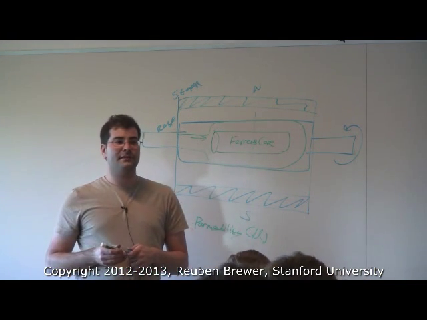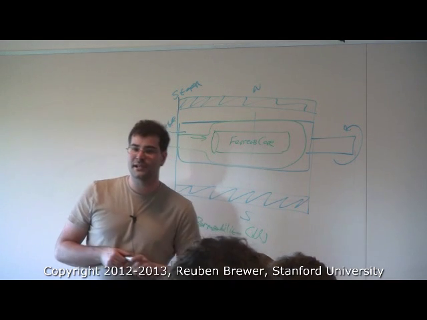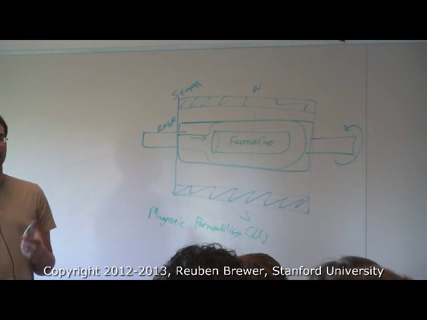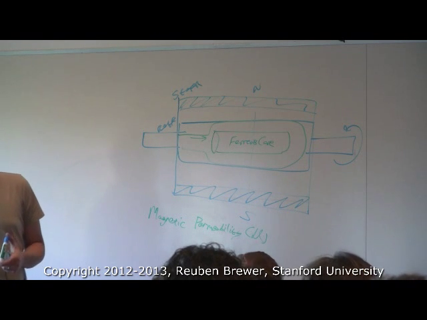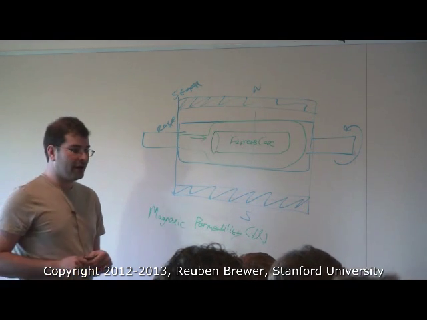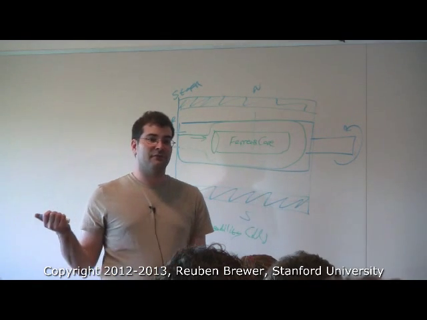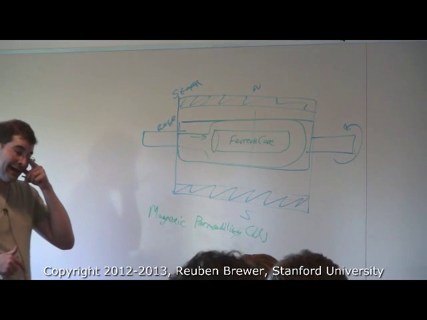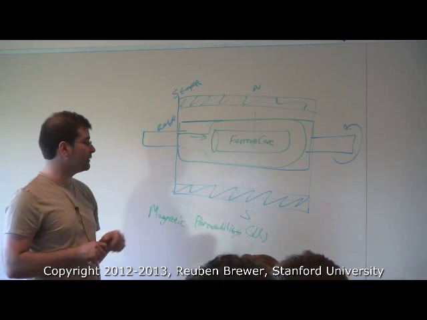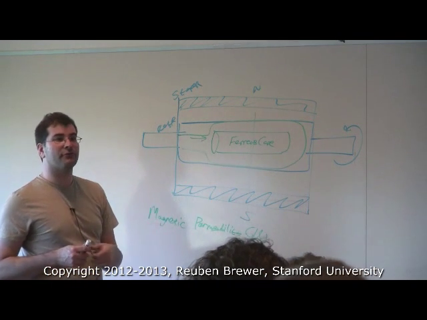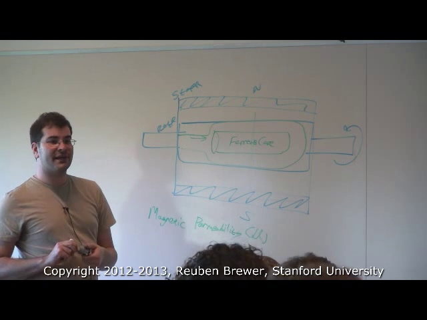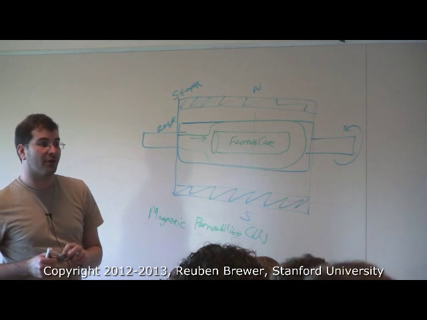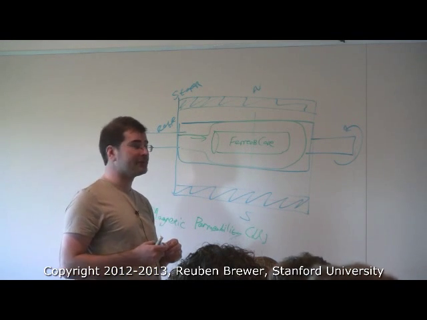So basically, the magnetic permeability of a material says how desperately that material wants to take the magnetic flux through the material. Okay? So air doesn't particularly want flux through it. It could care less. Iron is a gobbler. It really wants all of the flux to go through it. And what that does is it helps clean up the shape of the flux lines and give us better torque, better performance.